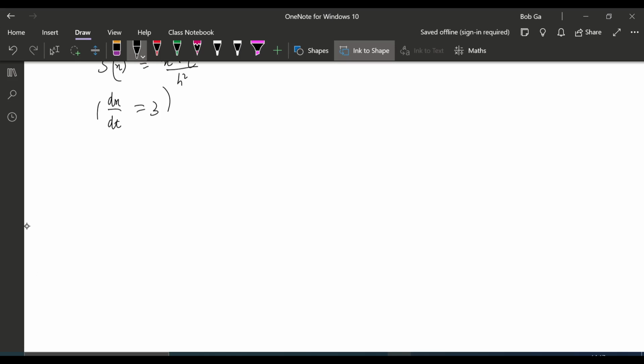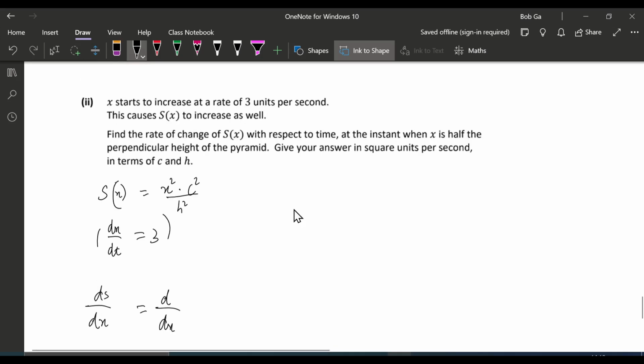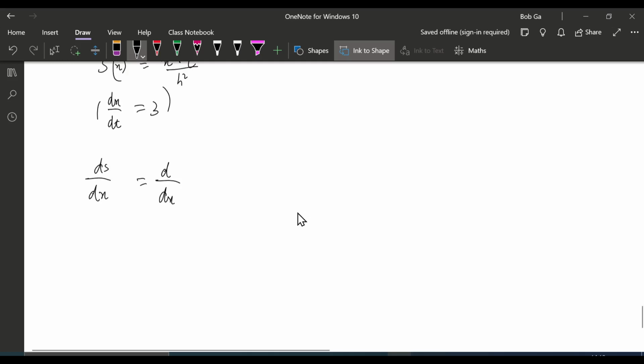Okay, we're going to have ds over dx, the rate of change of s with respect to x, which is given by d over dx of our s here, x squared times c squared over h squared.